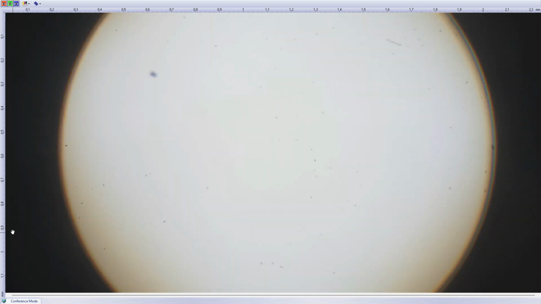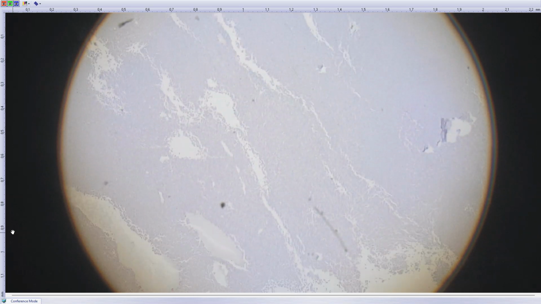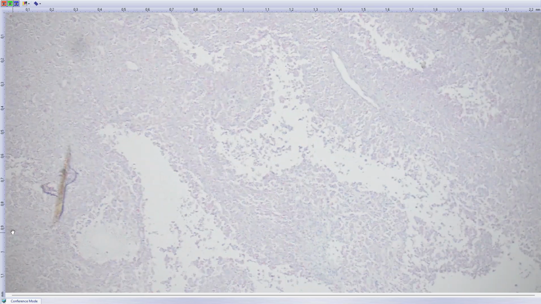Here is SF1, which was negative, so it is not juvenile granulosa cell tumor and sex cord tumor of any type. I couldn't find the slide of SMARCA4 immunohistochemistry anywhere, it was lost.